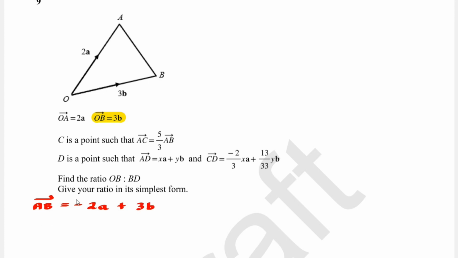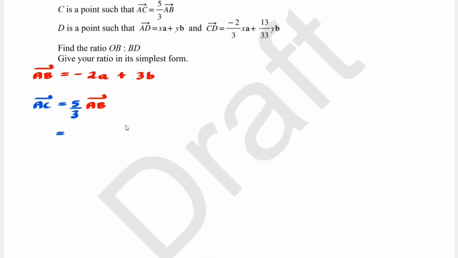Now that I know what AB is, I can find out what AC is. AC is equal to 5/3 multiplied by AB. So I have 5/3 multiplied by negative 2A plus 3B, which is equal to negative 10/3A plus 5B.